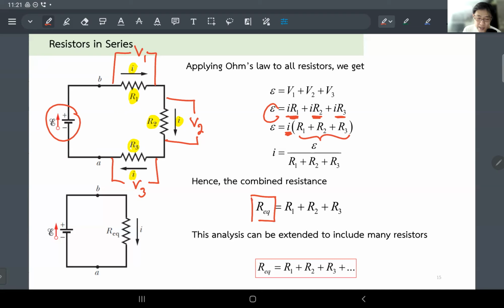It means I can wrap these 3 resistors and put them into just a single one. The whole circuit will behave just like the original circuit. This is the way that you analyze the circuits using the equivalent resistance calculation. So if you have even more than this, you just extend this formula to a larger number of resistors, okay?